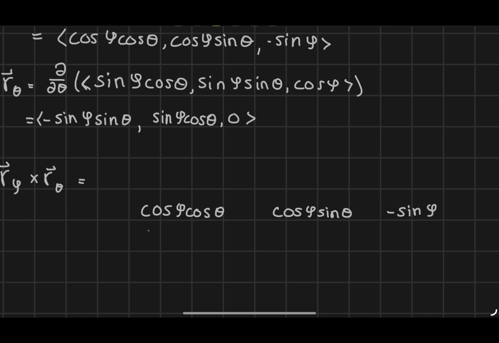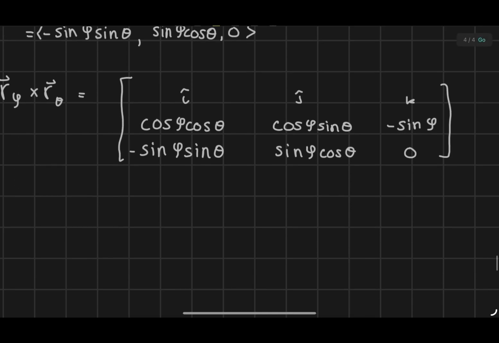And then our r sub theta is going to be negative sine phi sine theta, sine phi cosine theta, and 0. We're going to have the i, j, and k components. Make our little determinant here.